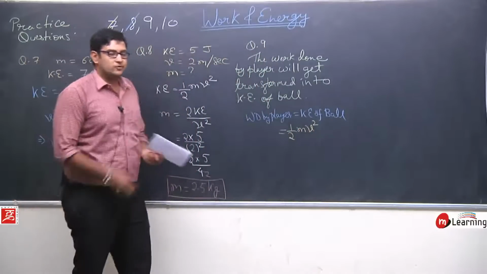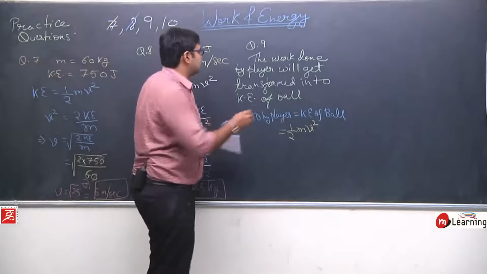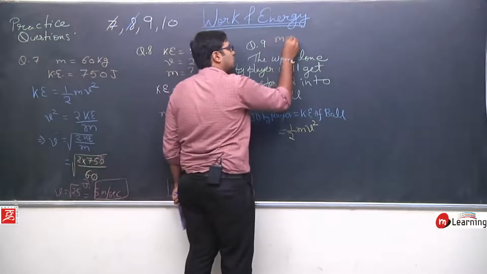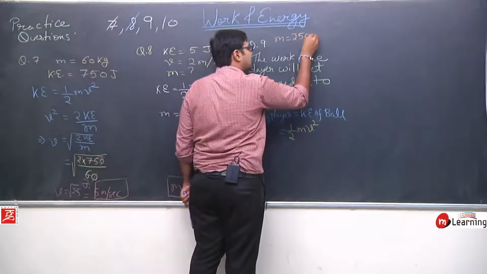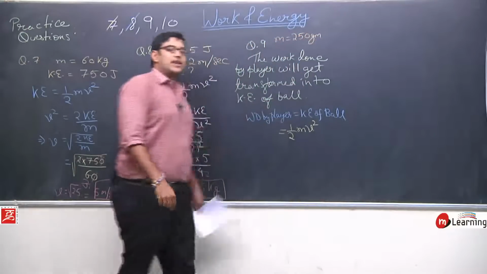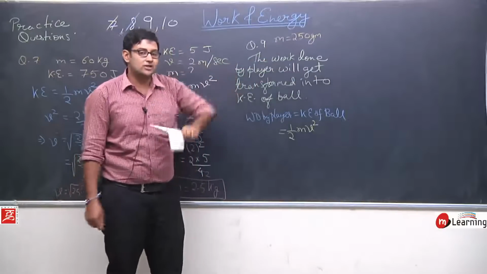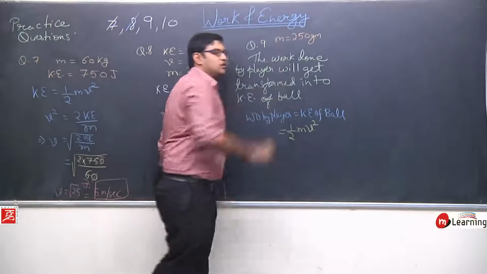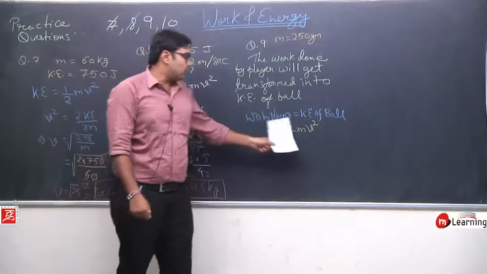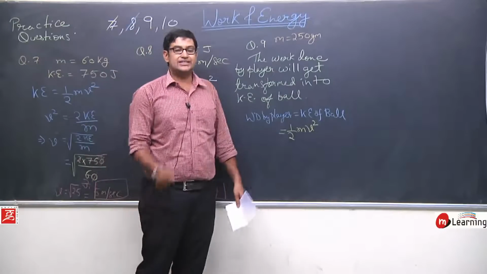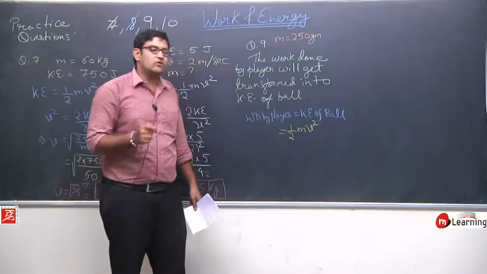Now what is the mass of the football? Mass of the football is 250 grams. Now can I use it directly as 250 grams? No, because it has a unit of grams, but in our formula we use the unit of mass as kilograms, that is kg, which is the SI unit of mass.